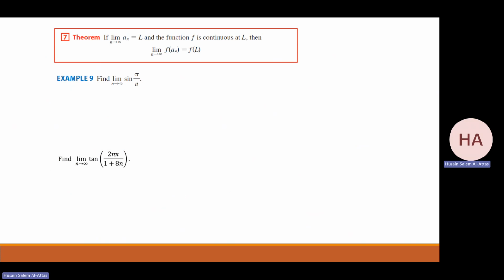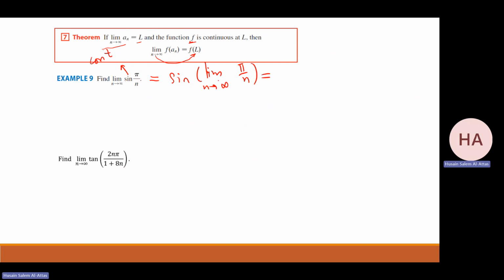Now, the thing as I said before, we can work it out with the limit. If the limit is equal to L of a sequence and the function is continuous, I can take the limit inside. So the limit of f of an equals f of L. The same thing is what will happen here. Since sine is a continuous function, that will be sine of the limit as n goes to infinity of pi over n.